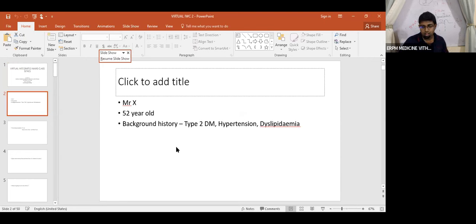His name is Mr. X, a 52-year-old. In his background, he has type 2 diabetes, he is a diagnosed patient with hypertension, and he also has high cholesterol. This is his background: diabetes, hypertension, and high cholesterol.